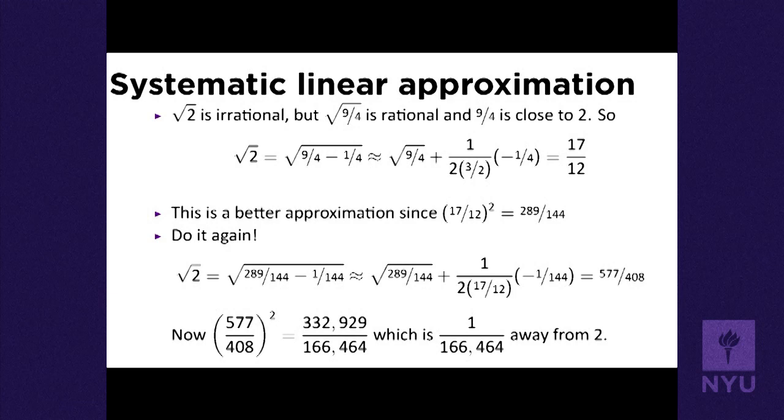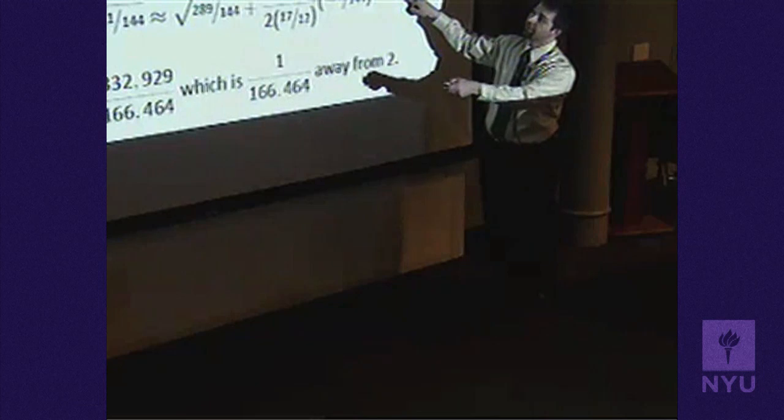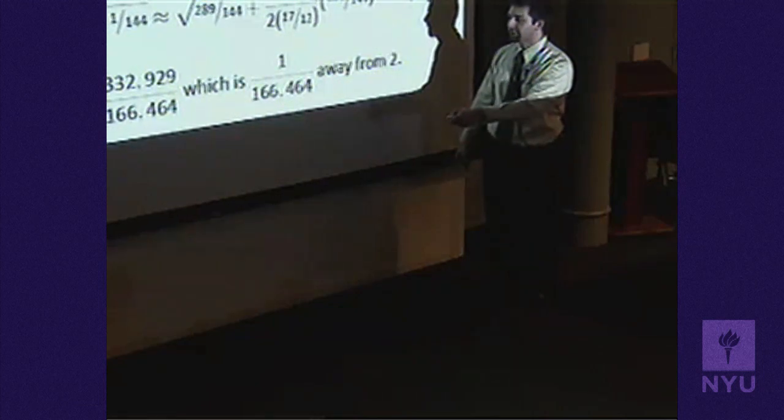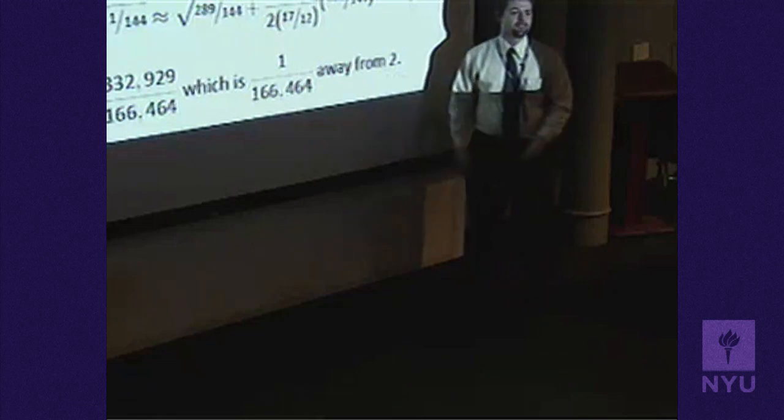So yes, that also is very, very close, much, much closer to the square root of 2 than we had before. Okay? Now we know another number whose square is very close to 2, so I could do yet another linear approximation and get an even better linear approximation, and so on and so forth.